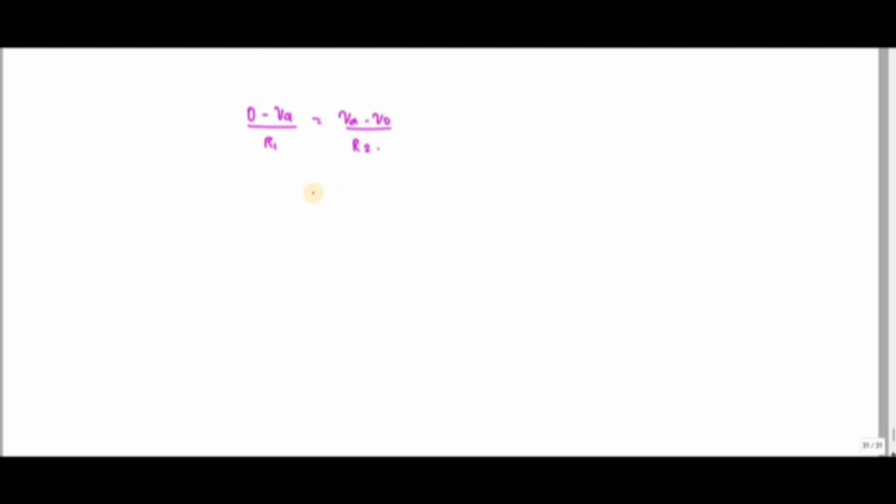So I can write minus VA divided by R1 minus VA divided by R2, that is equal to minus V0 divided by R2. If I take V0 common, I will get R2 plus R1 divided by R1 R2 equal to V0 by R2. Here the R2s get cancelled.